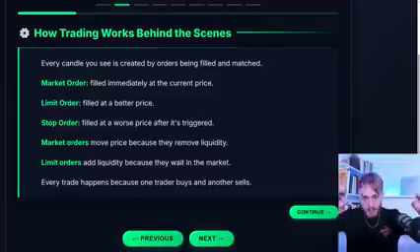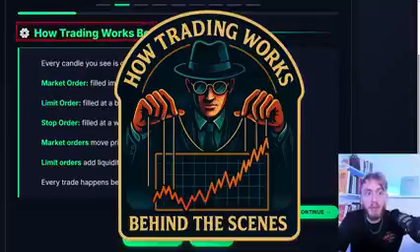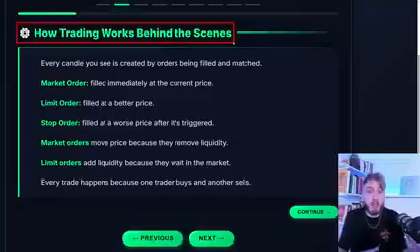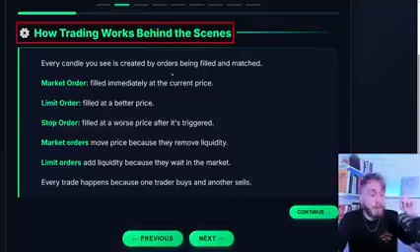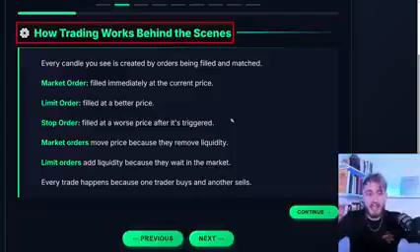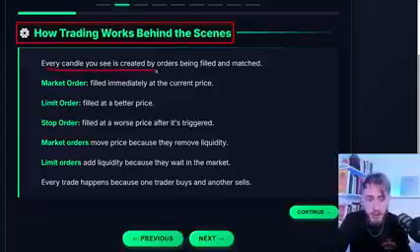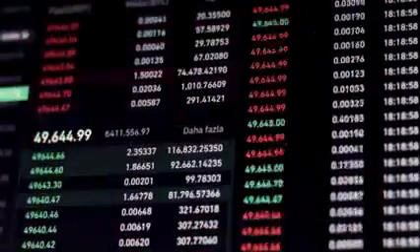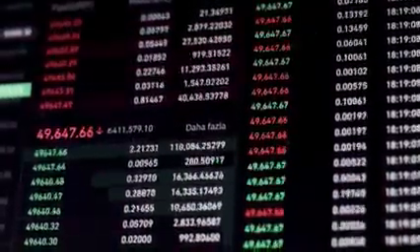But alright, now it's finally time to start diving deeper and take a look at how trading works behind the scenes. Now we will start learning about how the candles are formed. First of all, we need to learn about the different order types in the market, because every candle you see on the chart is created by orders being filled and matched.